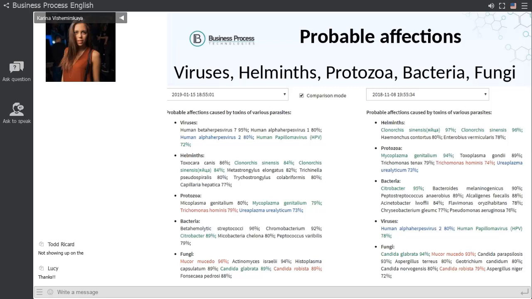Very close to the parasites, we can see the percentage. The higher the percentage toward 100, the more probably it means that you have a certain type of parasite. If it's only 30% or 20%, then probably you do not have this parasite. If it's 95, 86, 70, you need to pay attention.